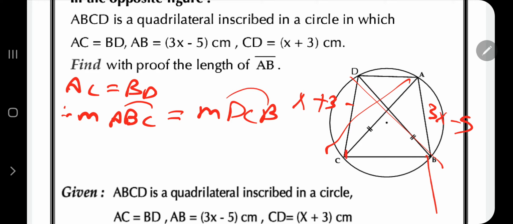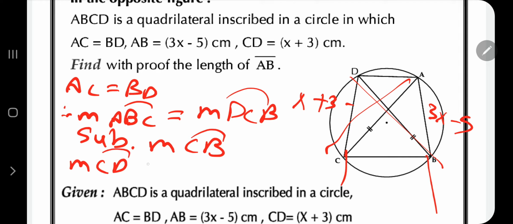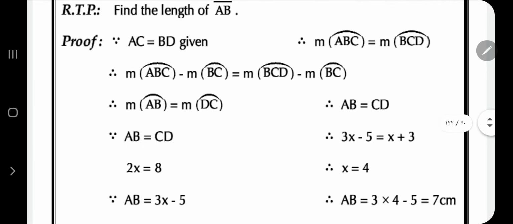I will subtract the arc CB. That means measure of arc CD equals measure of arc AB. That means CD equals AB.